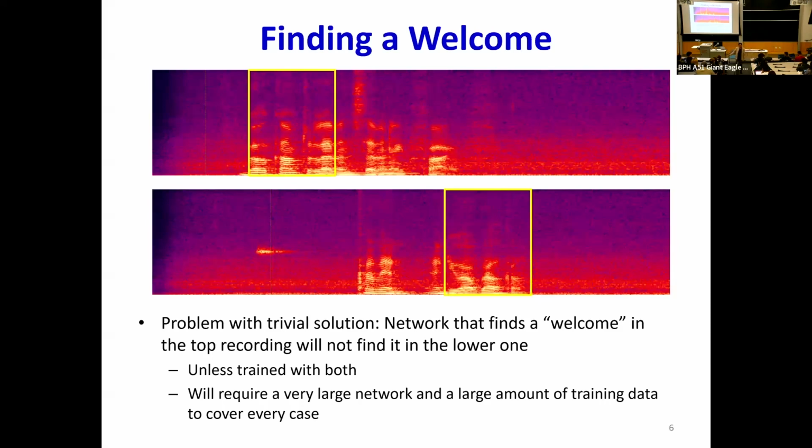They live in completely different spaces. The first one is in the Y-Z space. The third one is in the 7th and 8th dimensions, right? So, going back, a network that recognizes the first welcome, will it recognize the second welcome? No, right? So this is not going to work.